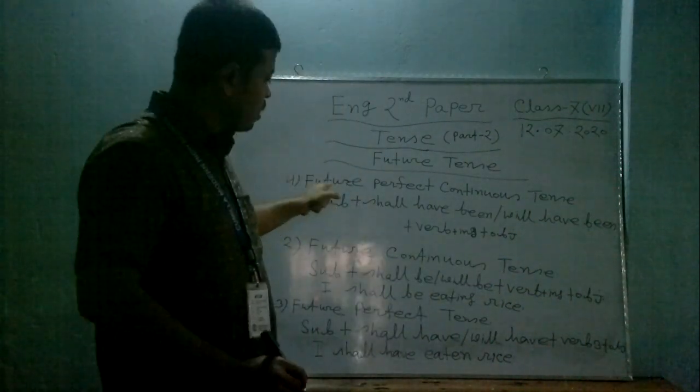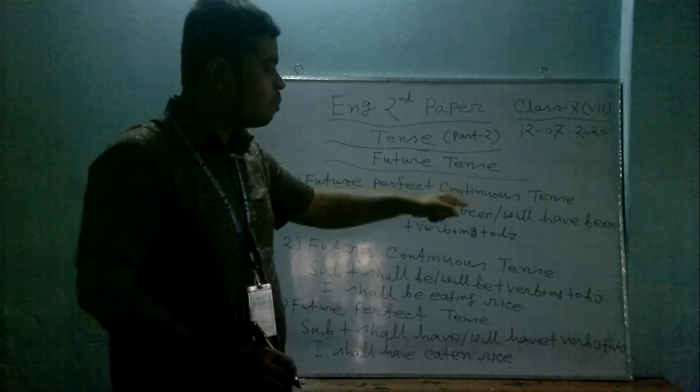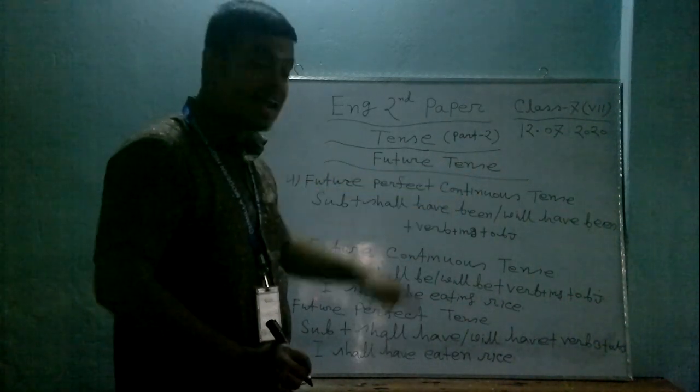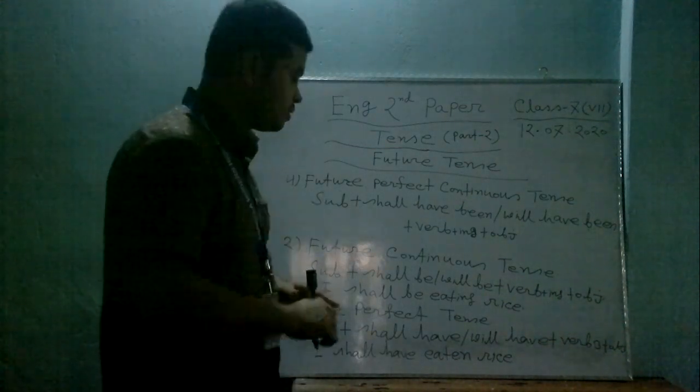As a structure: subject plus shall have been or will have been, these two are auxiliary verbs, and then verb with adding ing and then object.